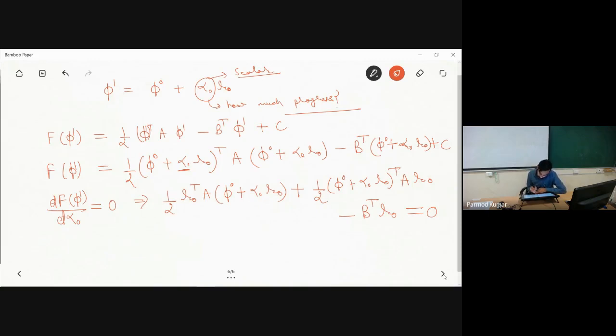So what I will be doing over here, let me now combine this r naught transpose A r naught and r naught transpose A r naught. Because alpha naught I can take outside, it is a scalar only.